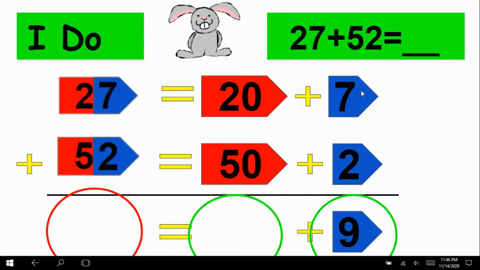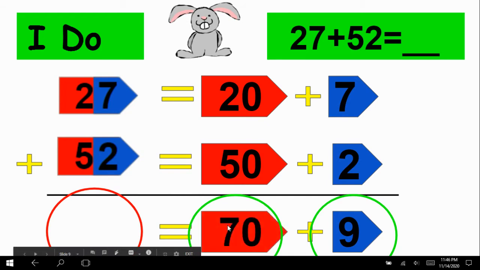Then I'm going to do the second step, and I'm going to start adding down from my ones. 7 plus 2 is 9. And if I know 5 plus 2 is 7, I would also know that 50 plus 20 is 70.